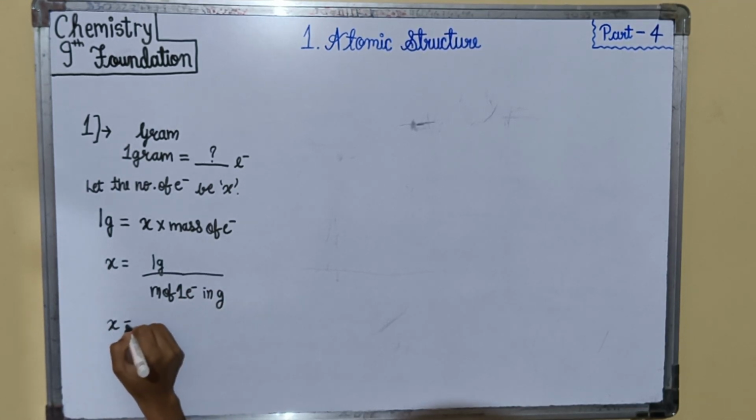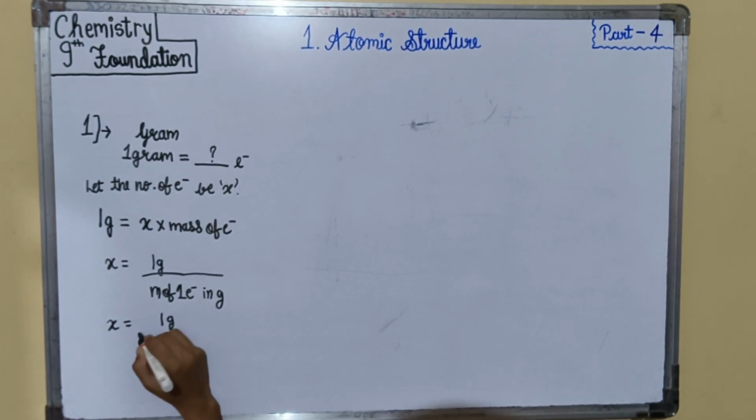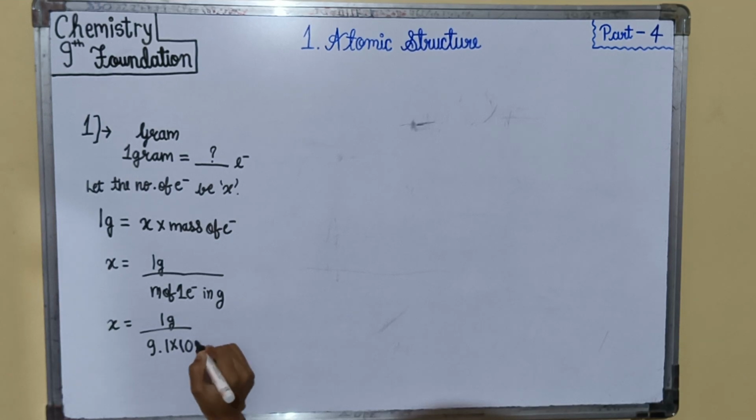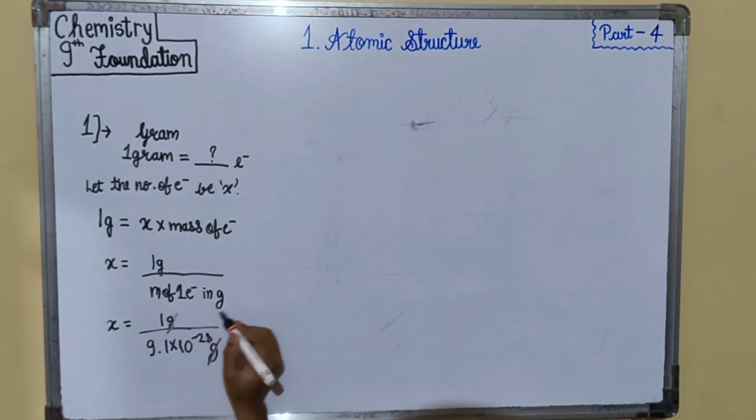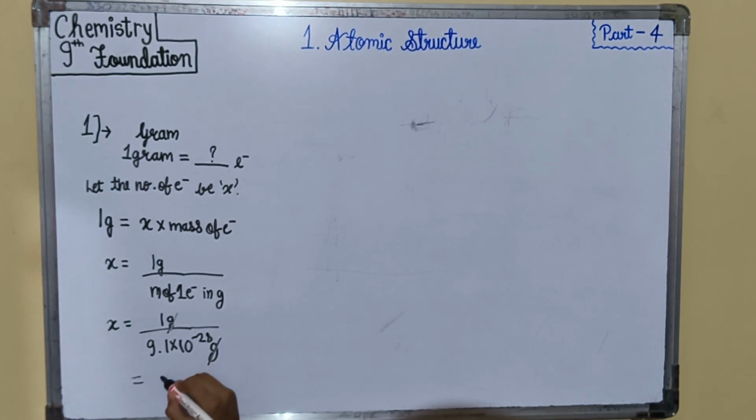So x is equal to 1 gram upon 9.1 into 10 raised to minus 28 gram. The gram will get cancelled, and this will become 10 raised to 28 upon 9.1.